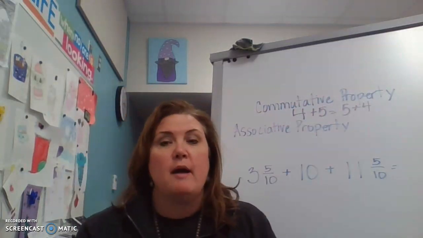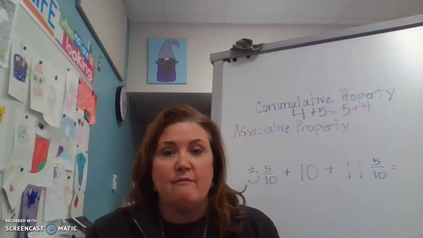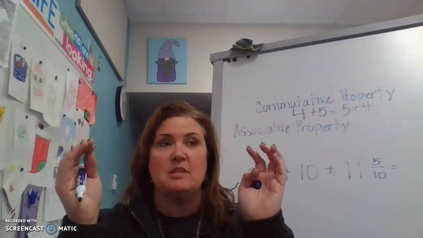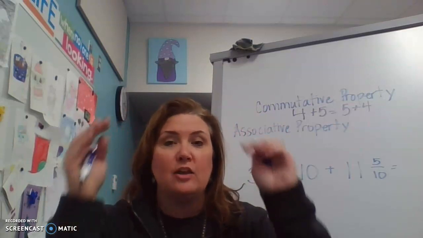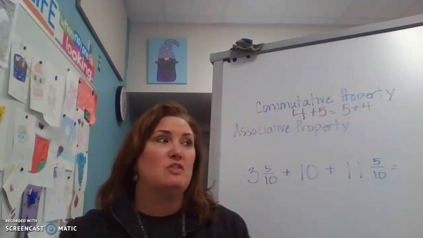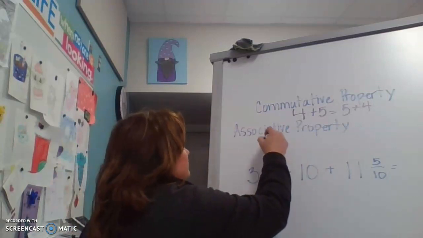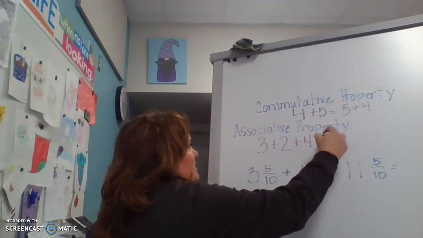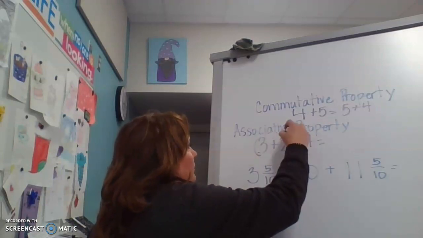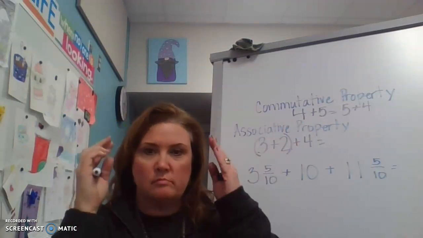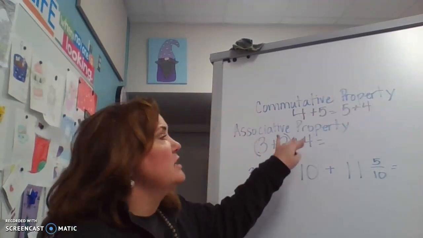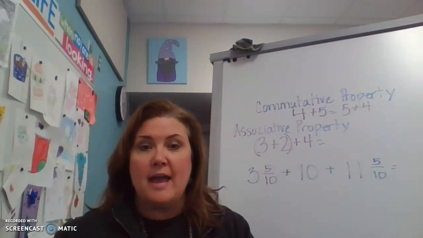The associative property comes in when we have 3 numbers. Because our brain naturally chunks some of the information, believe it or not, your brain is putting imaginary parentheses in. For example, if I have a problem that looks like this, 3 plus 2, okay, 3 plus 2 is 5, plus 4 gives me my answer.